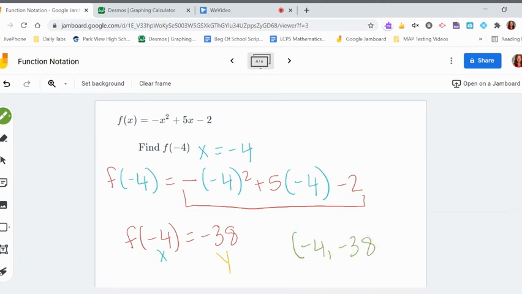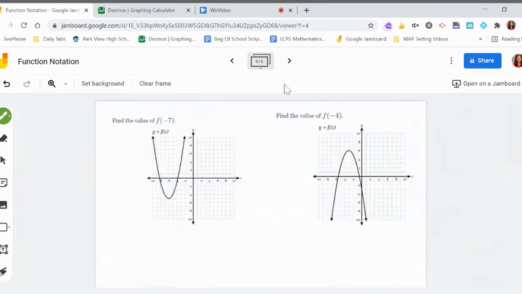Okay, lastly, let's take a look at what function notation looks like when we're using a graph, okay? This one says find the value of f of negative 7. So this is the graph for f of x. So all they're saying when they ask you to use a graph is, again, x equals negative 7. So find on your graph, here's your x-axis, negative 7. And then look at where this graph goes when I'm at negative 7.